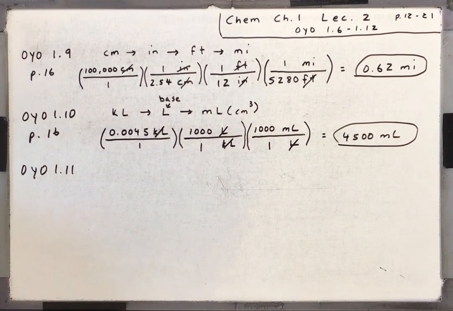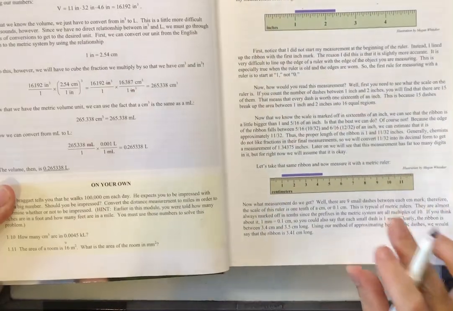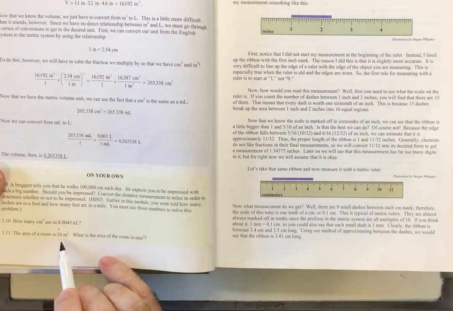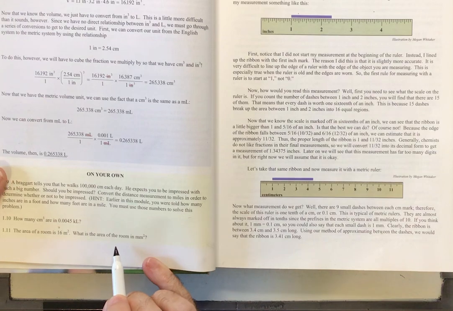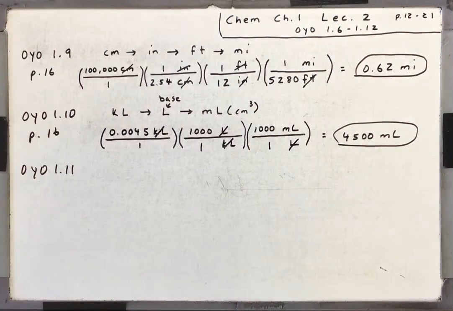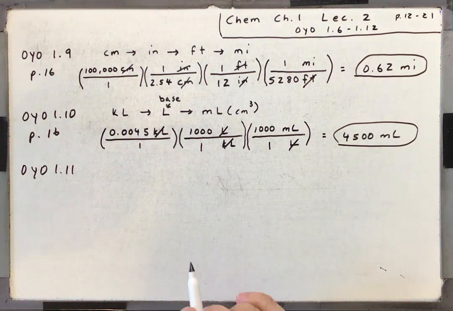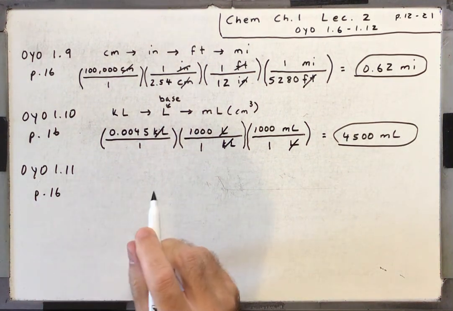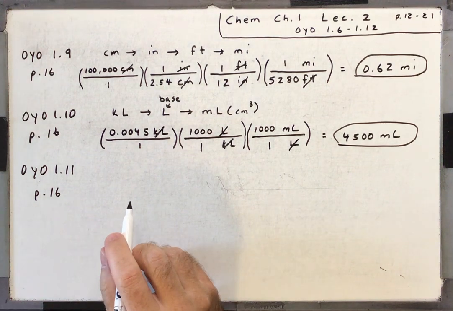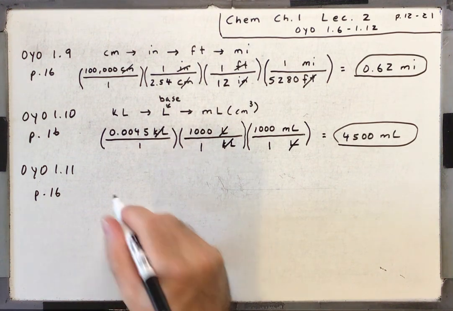So 1.11, bringing the book into view here, says the area of a room is 16 square meters. What is the area of the room in millimeters squared? Okay, this one is a little bit on the tricky side, but I'll tell you how to do it. We're starting with meters.